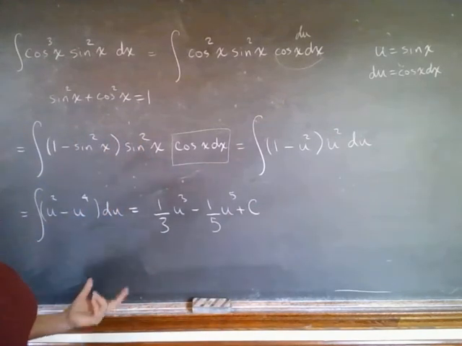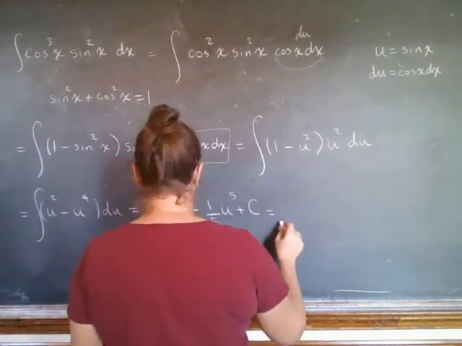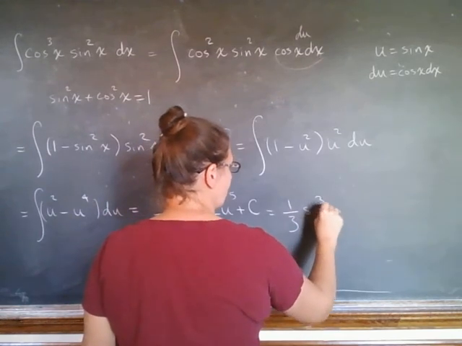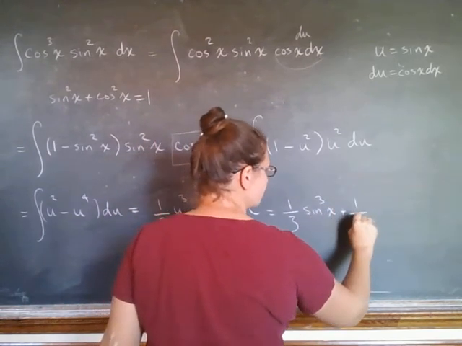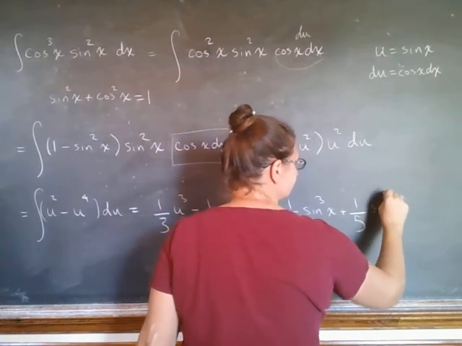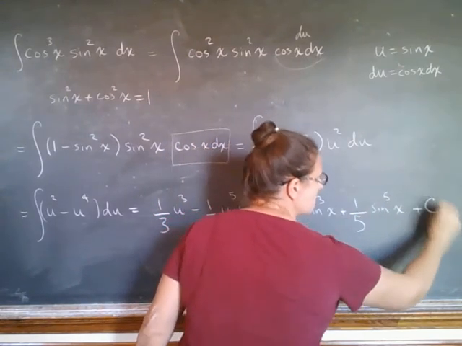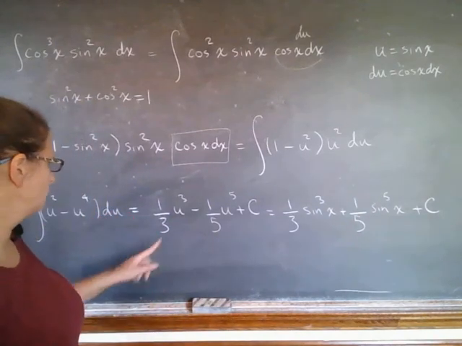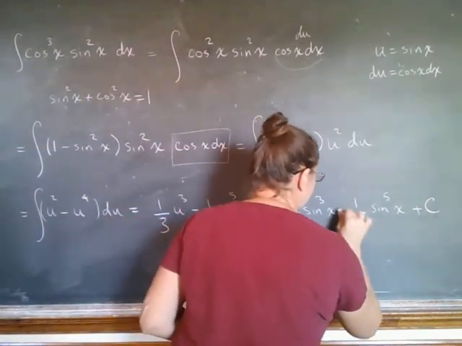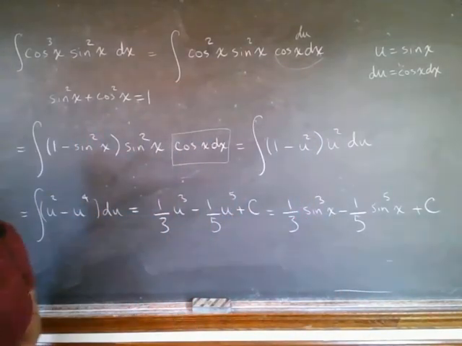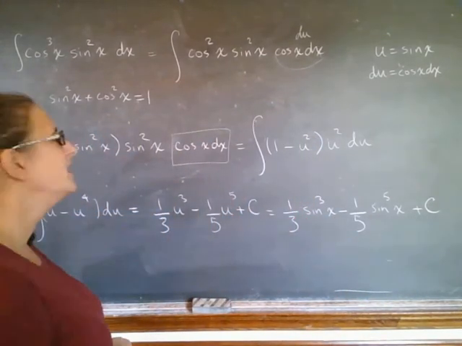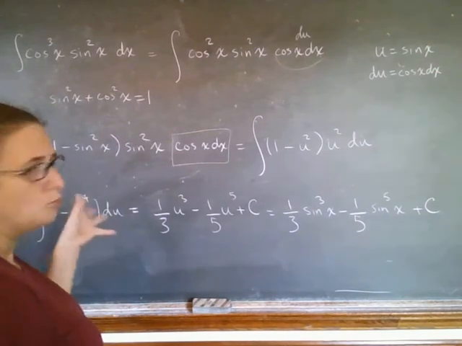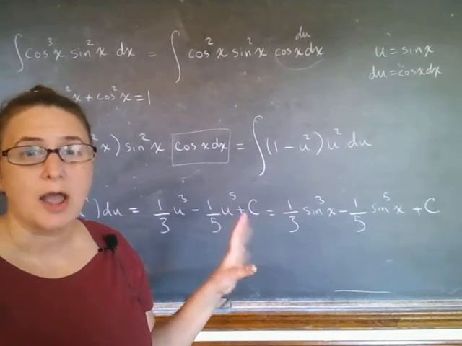And then I just put in that u is sine, and I'm done. No, plus, minus. There we go. At least I noticed. Okay, so pretty much that's how it is.